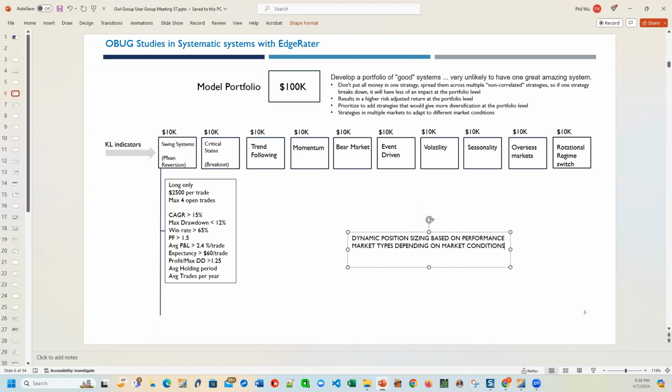Yeah, good point. So right now, we've been focusing on the swing systems, which is a mean reversion system. And now, the way this 10K is divided, it assumes that we're doing $2,500 per trade and 4 maximum open positions at any given time, with a compound annual growth rate of more than 15%. These are just targets.